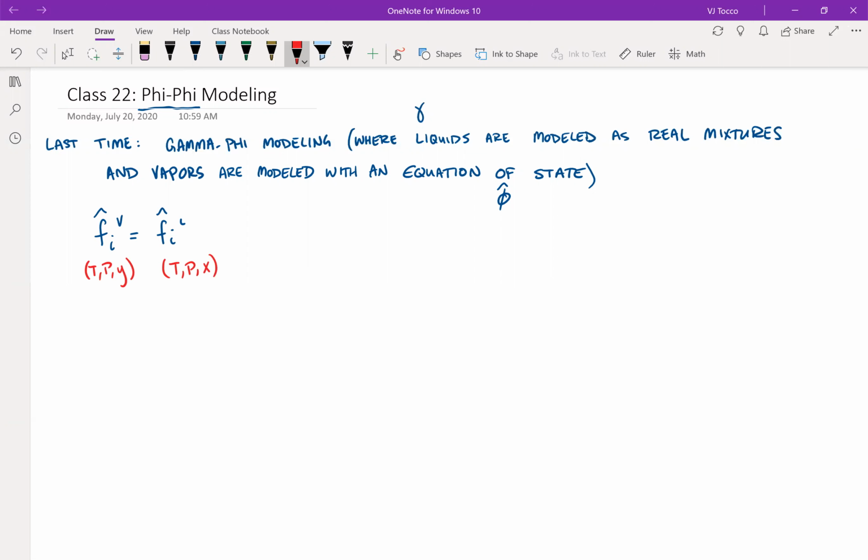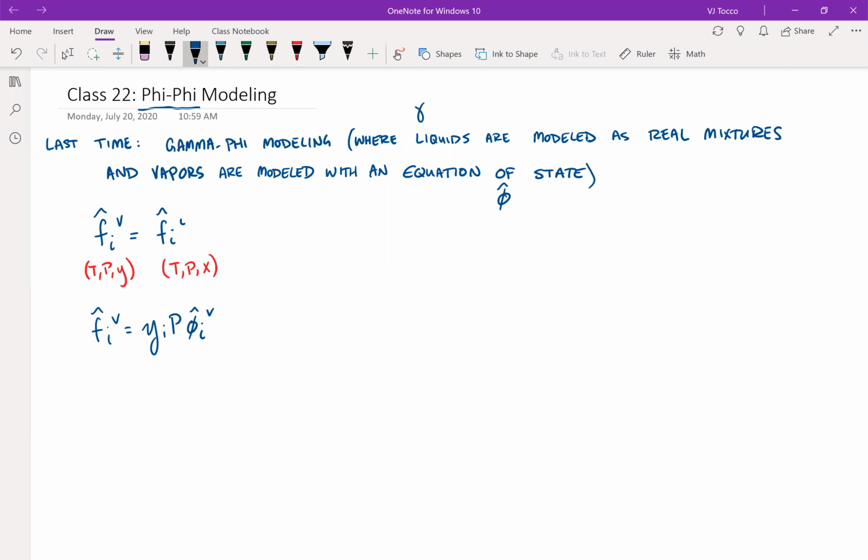And as we did last time, when we're modeling the fugacity of the vapor phase, we can say that f_i hat for the vapor phase is equal to y_i times pressure times the mixture fugacity coefficient in the vapor phase.